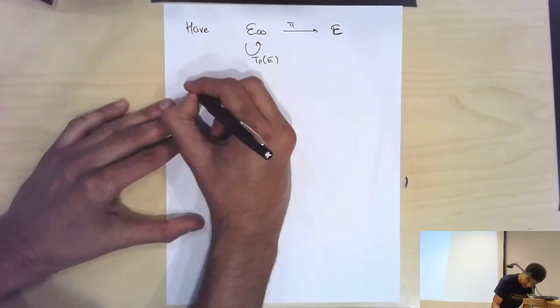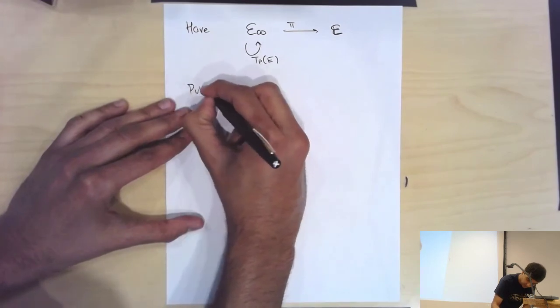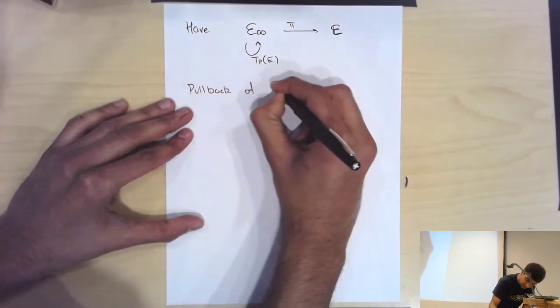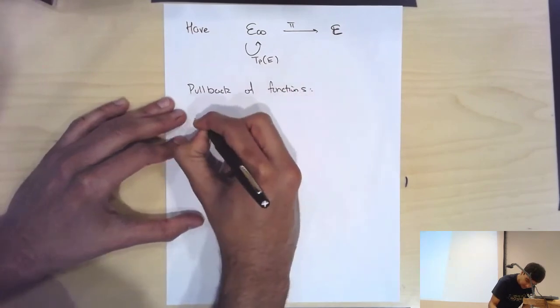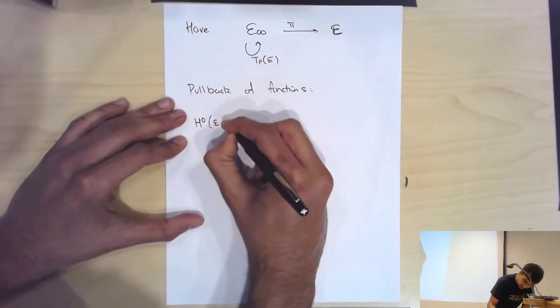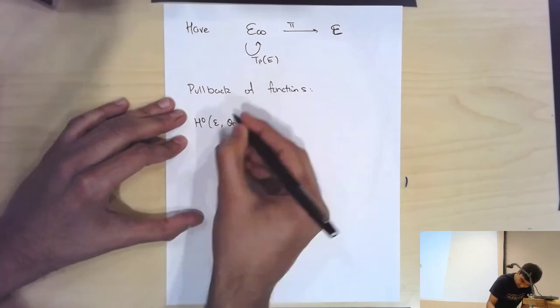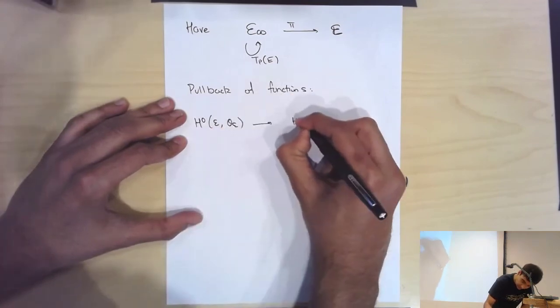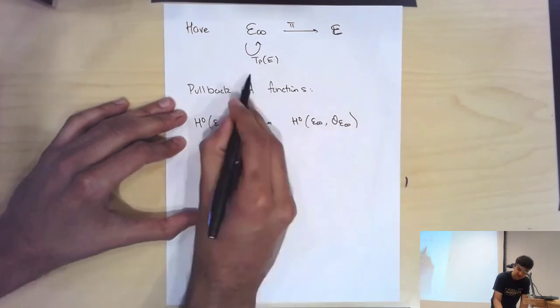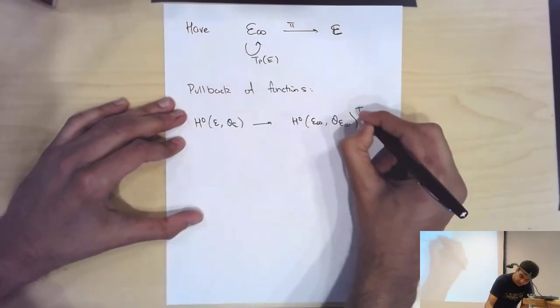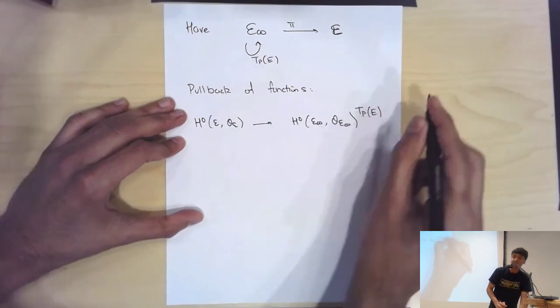So if you just pull back functions, for example, it gives you a map from functions on your elliptic curve, H^0(E, O_E), or really, you have to do it locally, to H^0(E infinity, O_E infinity). And since this map is equivariant for this group, the image is actually inside the invariants for the group action.